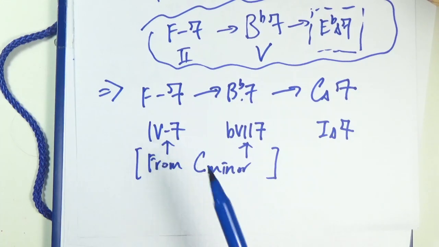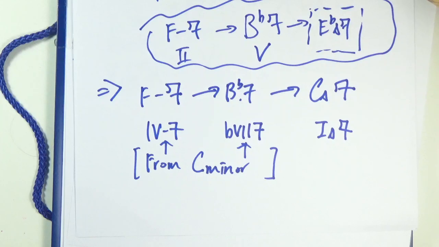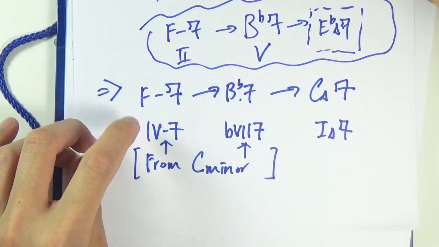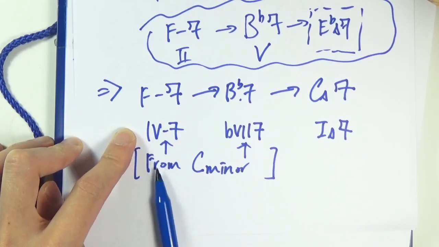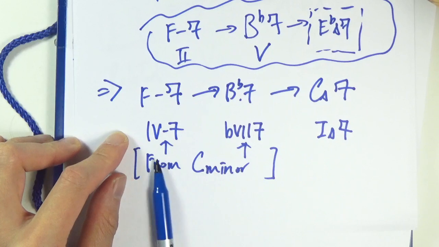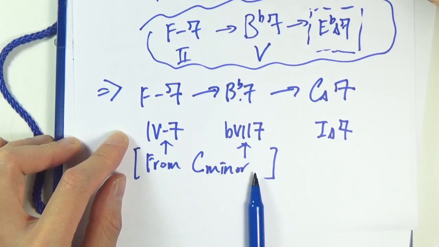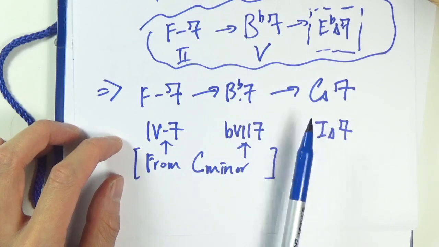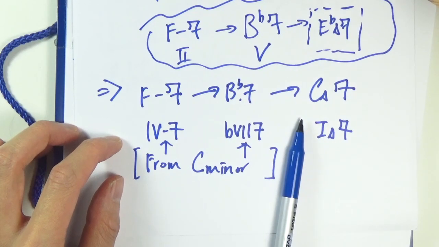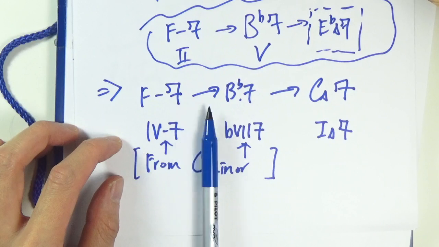In C minor, the 4 chord is actually a minor 7 chord, right? So it's from minor again. We borrow from the parallel minor key, C minor, going into a flat 7 dominant 7, going into a 1 chord. You see? So we call this a backdoor 2-5.